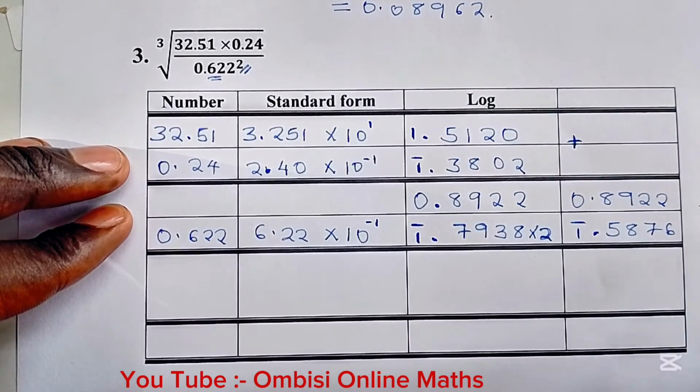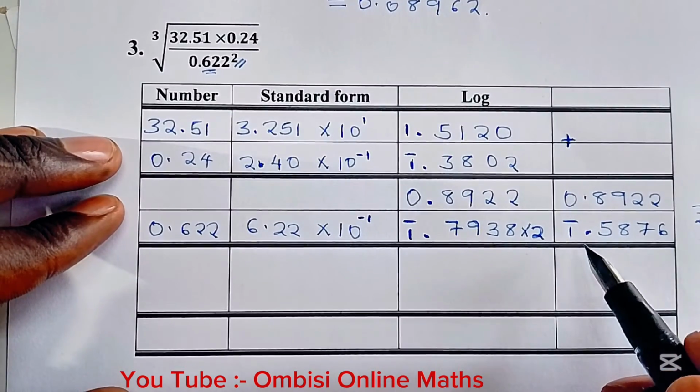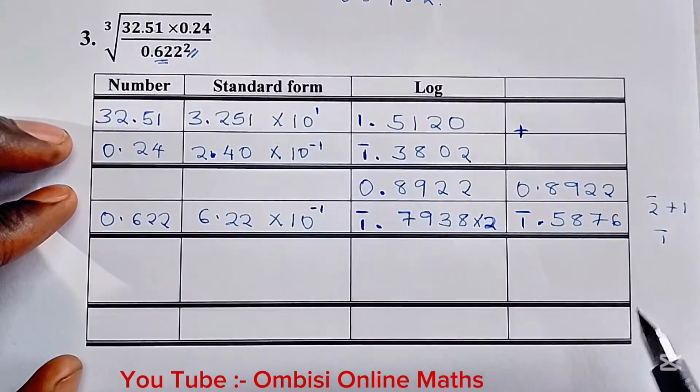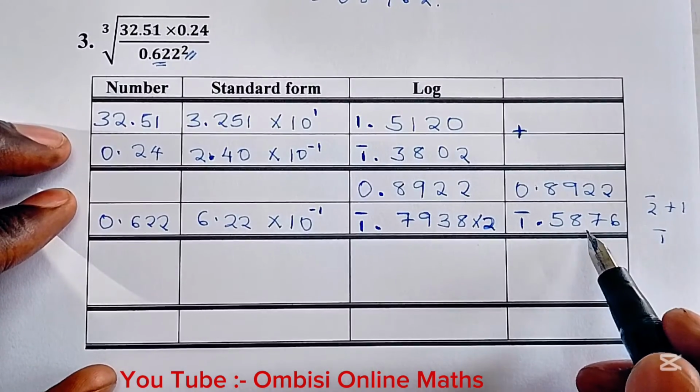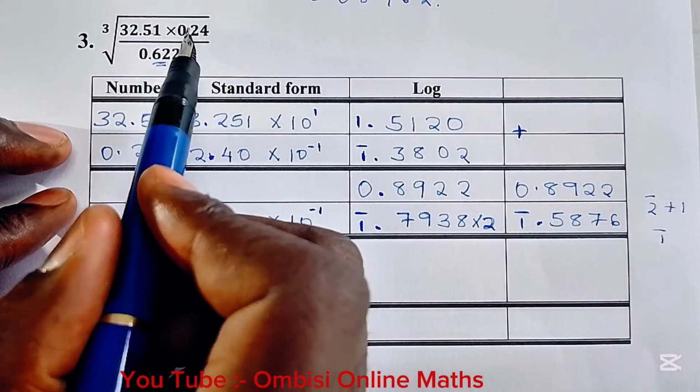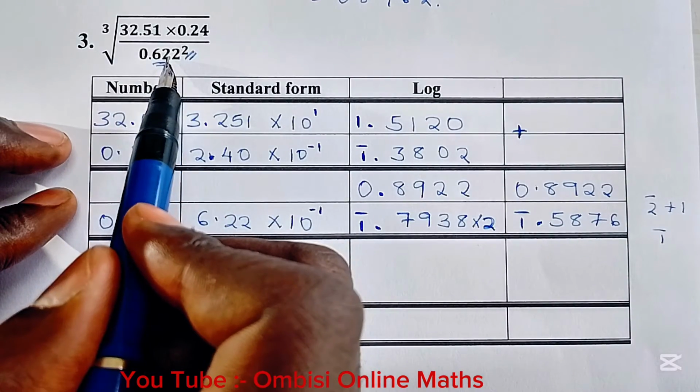Bar 2 plus 1 carried becomes bar 1. That's why we have bar 1.5876.